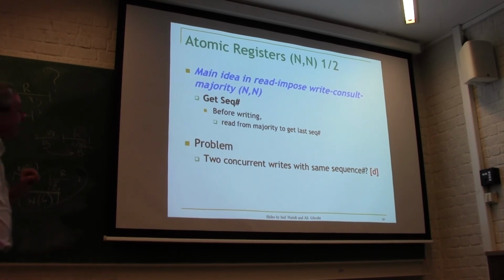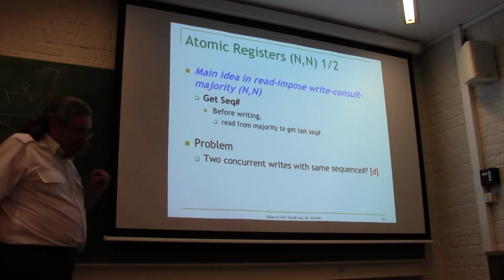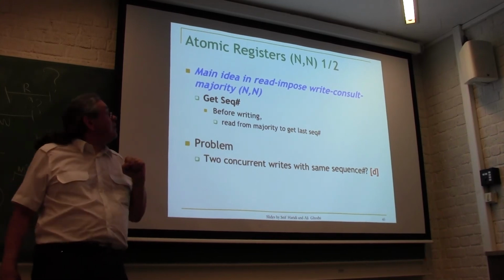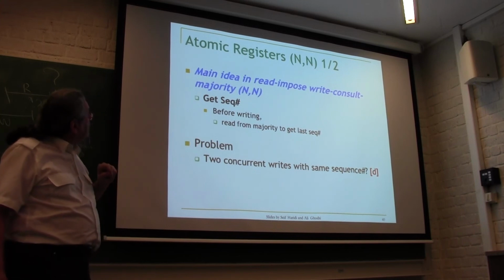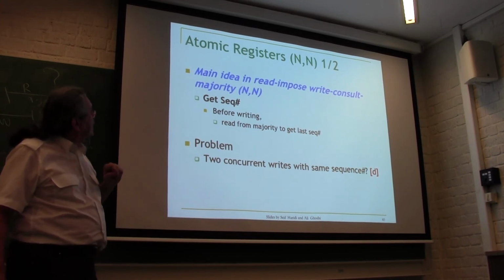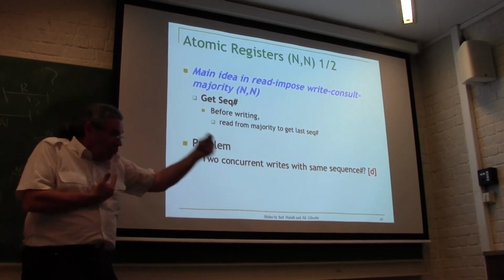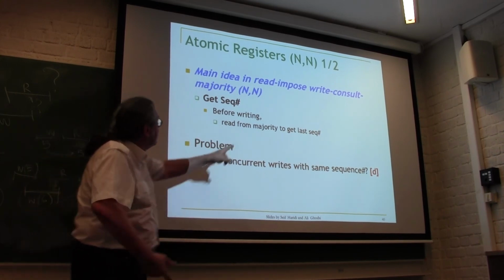So the final algorithm we're going to show today does linearizability in the case of a majority vote. This is called read-impose write-consult-majority. In this algorithm, we do two things. The read will also write, that's the first thing, read-impose.